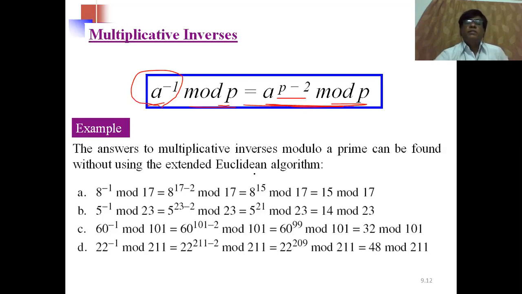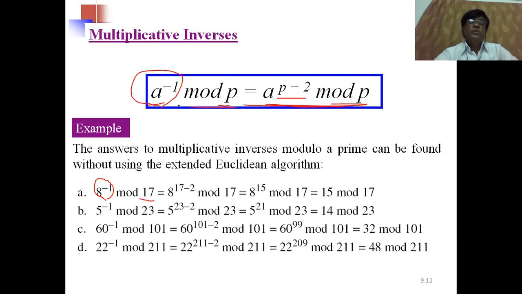So for example, see this example. 8 is the number, the multiplicative inverse of 8 is 8 power minus 1 mod 17. 17 is the prime.